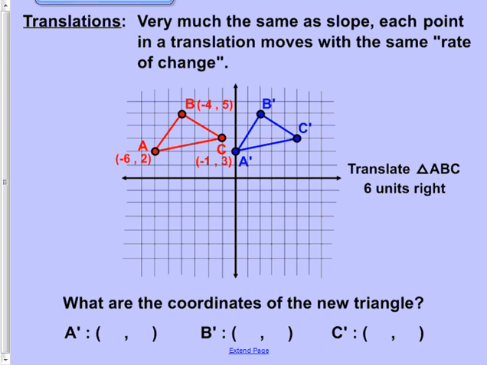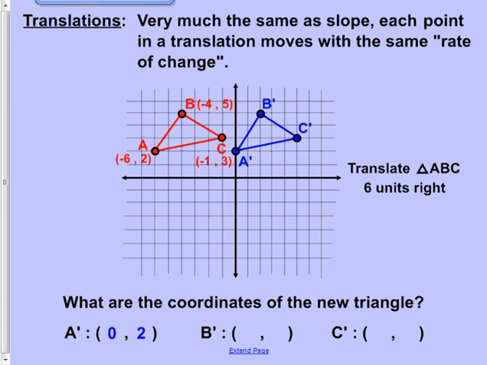We'll take a look at point A prime. What is its coordinate? It lines up on the x-axis at 0, the origin, and it's sitting on the y-axis at 2. So the coordinate for A prime is (0, 2). The coordinate for B prime: where is it?